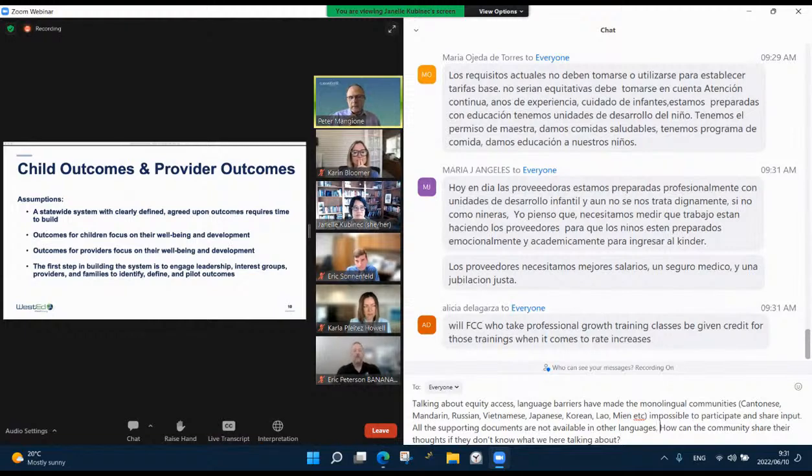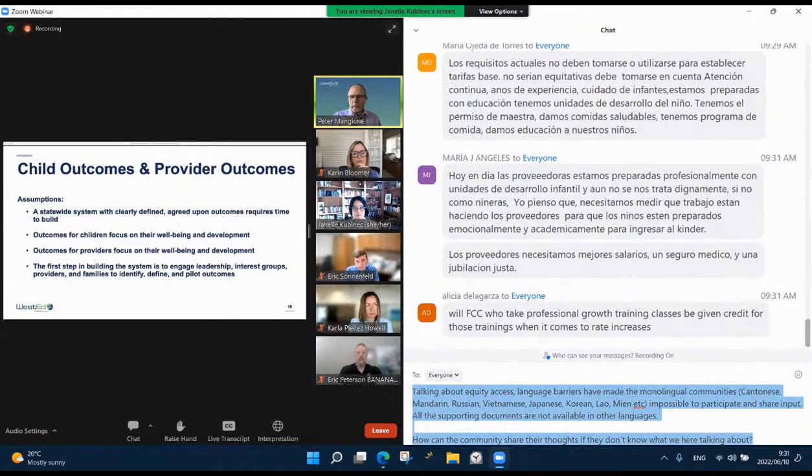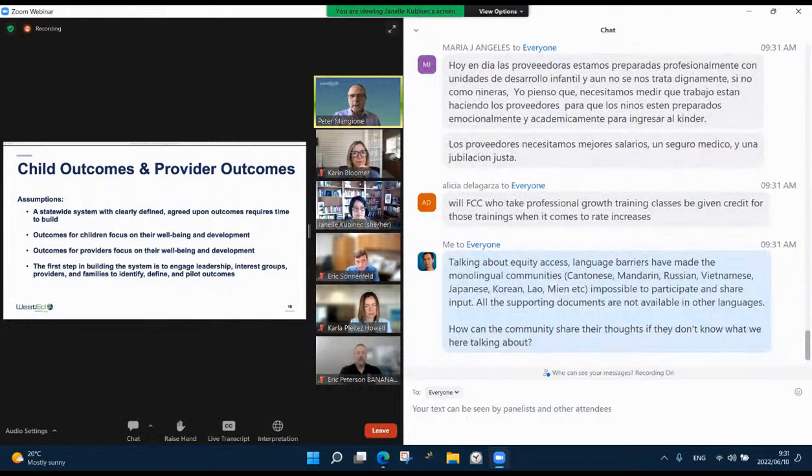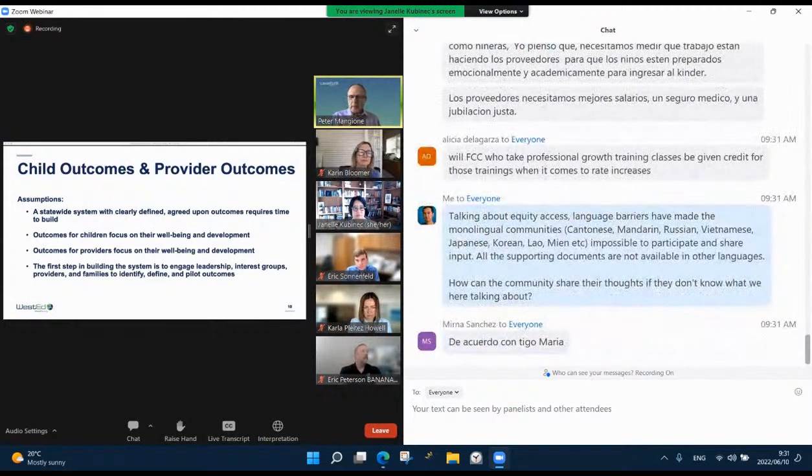Likewise for providers, they are our workforce. We know they are essential. They're very important, and we need to think about their well-being right now, and we need to think about how they can continue to develop to be effective in their work.